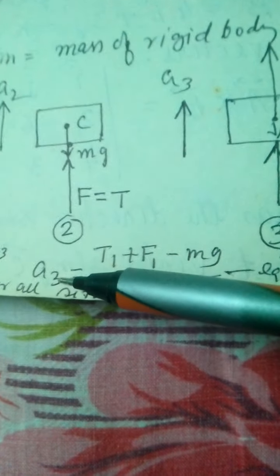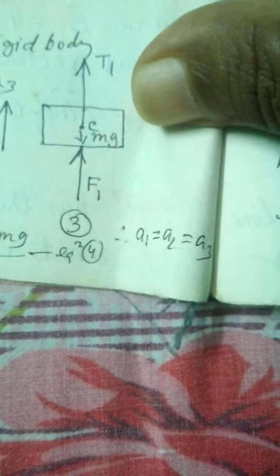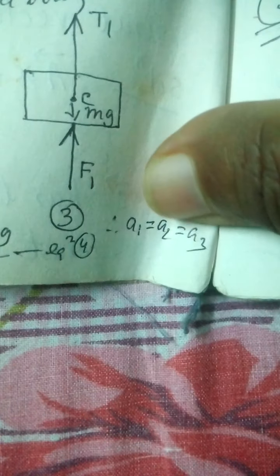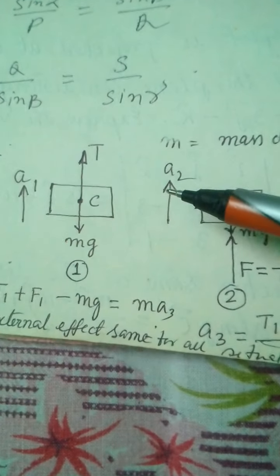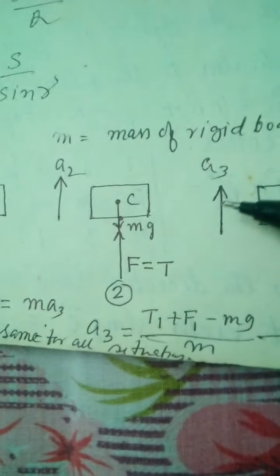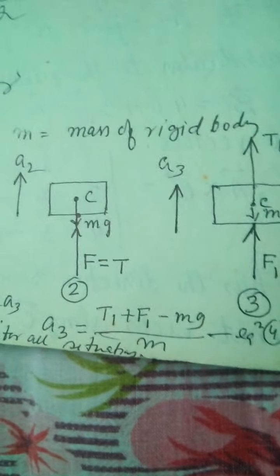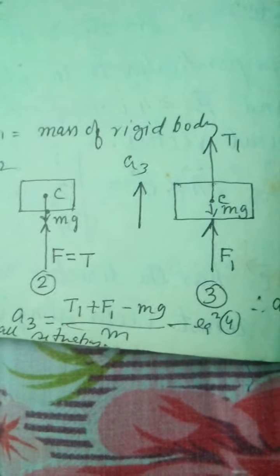So a1 is equal to a2 is equal to a3. So the external effects a1, a2 and a3 are the same. So transmissibility of force holds.